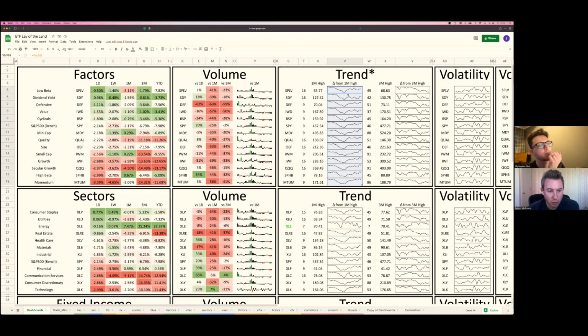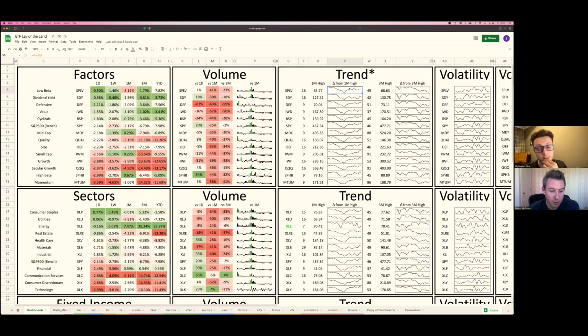And so that's change from a 1 month high. So that's percent change from the 1 month high. It's just a quick look. You get it from the numbers, but I like being able to just scan down all of them and say, well, a month ago it was closer to this top line than it is now, so the trend is down.